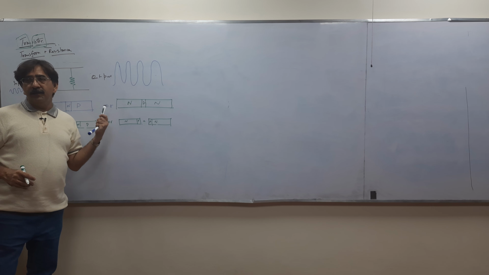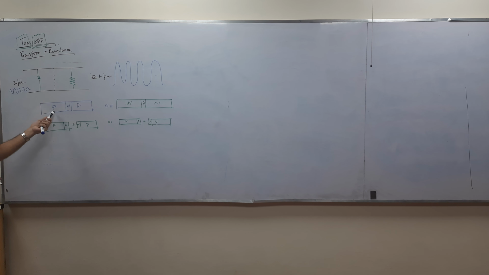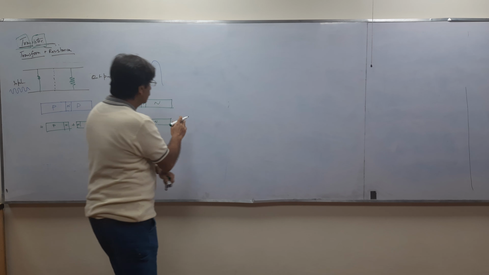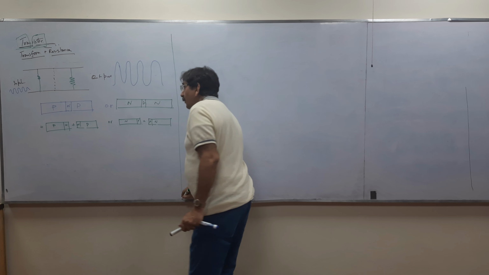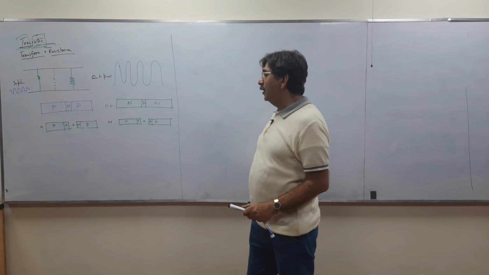You can easily observe that these are the combination of a PN diode and an NP diode. Okay, so this is the transistor.